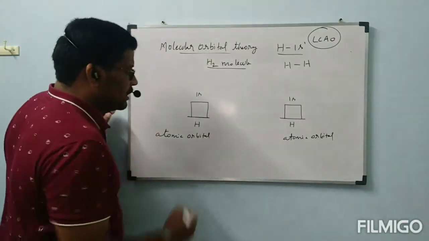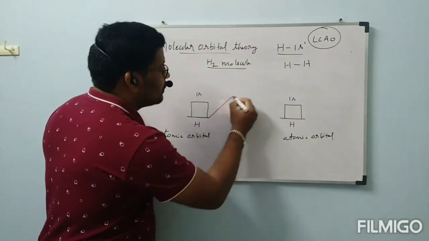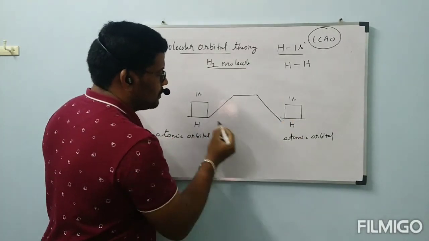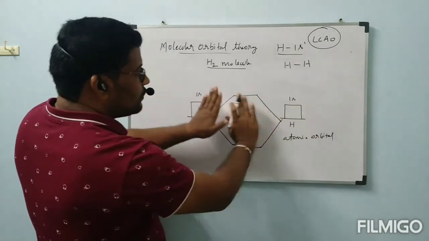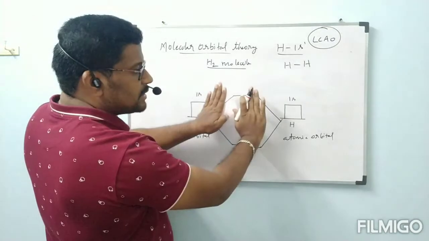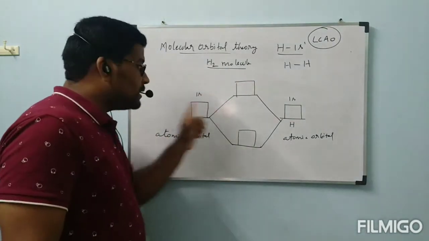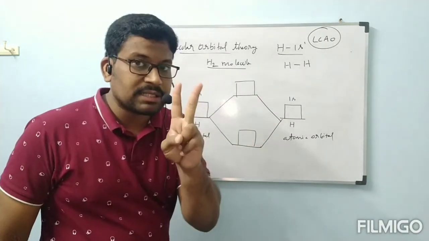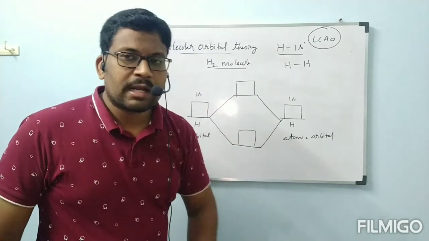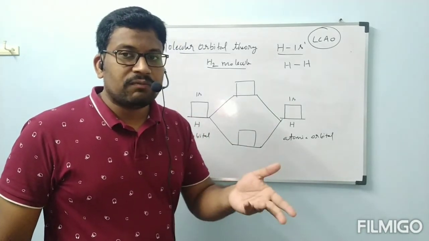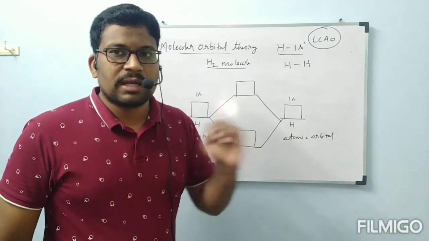Now let us see. I am going to show in the diagram that these two undergo LCAO, linear combination of atomic orbitals, resulting in 2 orbitals. How many orbitals are there before combination? 2 orbitals. Those 2 combine to give 2 molecular orbitals. If 4 atomic orbitals combine, we get 4 molecular orbitals.